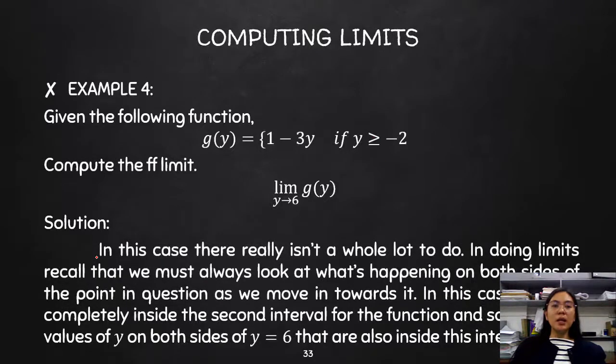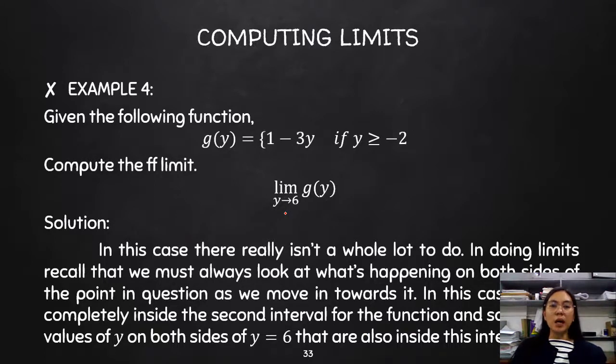It says here, in this case, there really isn't a whole lot to do. In doing limits, recall that we must always look at what is happening on both sides of the point in question as we move towards it. In this case, y is equal to 6. It is completely inside the second interval of the function, and so there are values of y on both sides of y is equal to 6 that are also inside this interval.